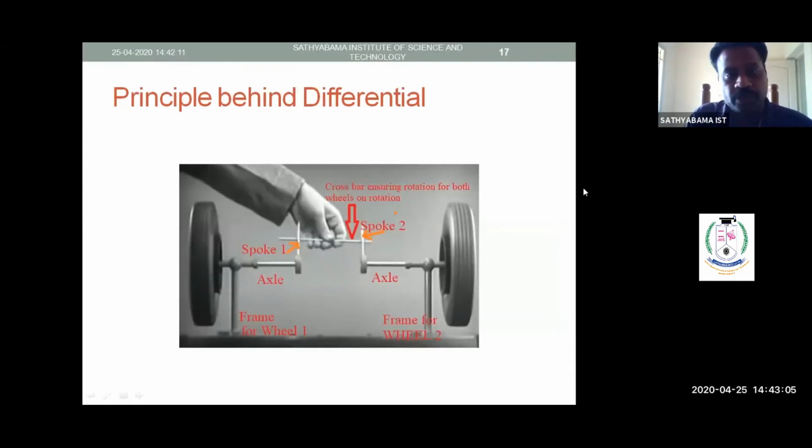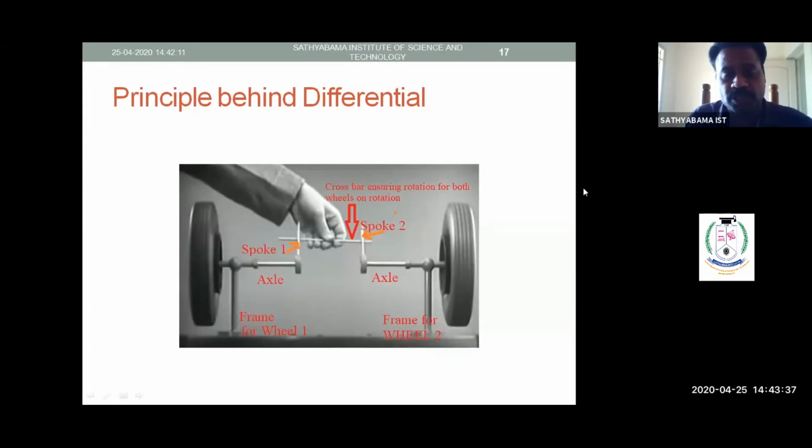Just look at this picture. There are 2 wheels, left side one wheel and right side one wheel. The 2 wheels are connected with their axles individually, and one vertical support is there. On the left side it is called the frame for wheel 1, and on the right side the frame for wheel 2. The two rods with the yellow arrow marks are called spokes, like in your cycle or motorcycle.